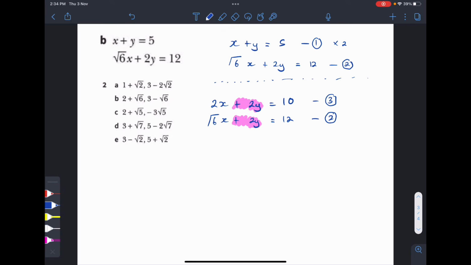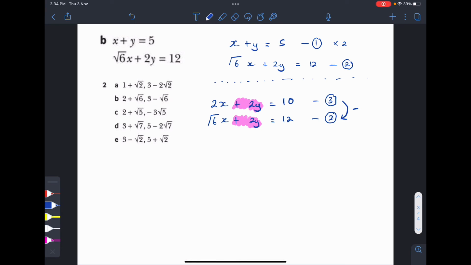Yeah, let's minus. Okay, so it really depends what you want to do. Do you want to do 2 minus 3, or do we want to do 3 minus 2? To be honest, it doesn't really matter, so I'm just going to do 3 minus 2.